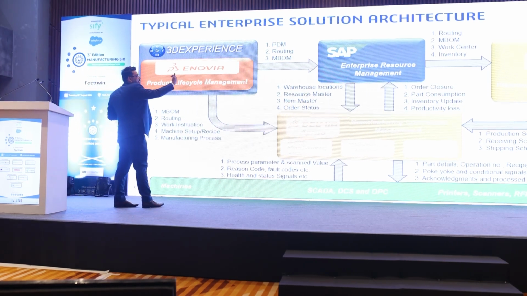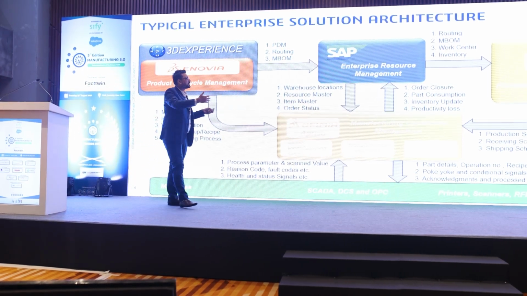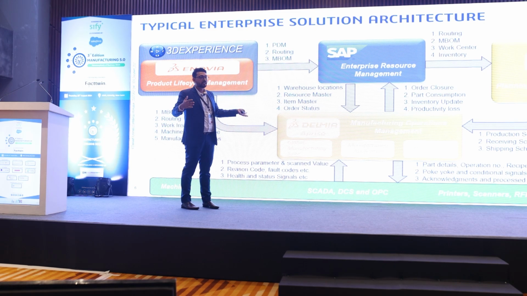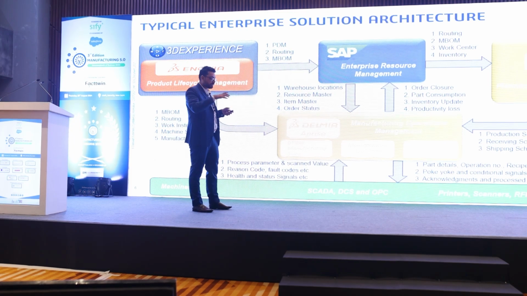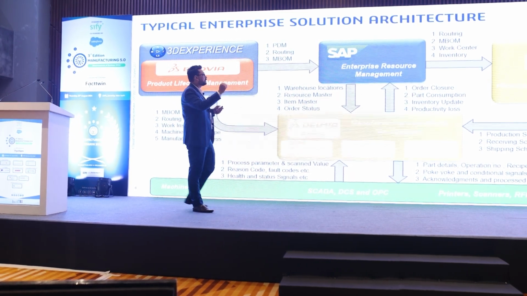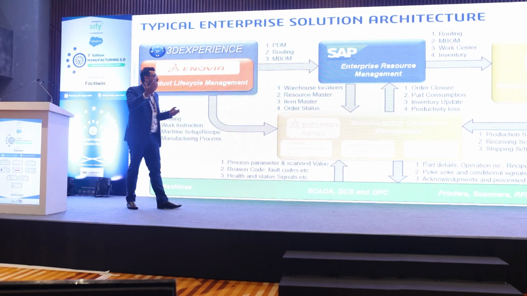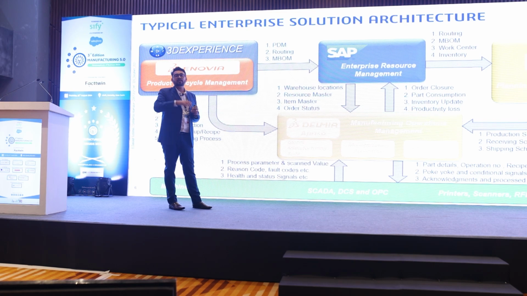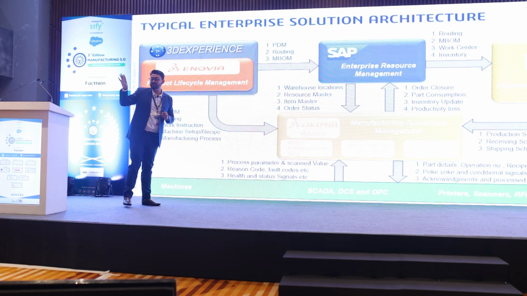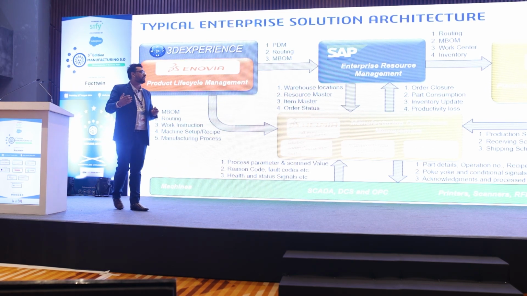We'll take all your resource master, item master, and order status from your ERP, and on a real-time basis, automatically we'll track the progress of your material flow. Order closure, part consumption, and inventory updates will automatically be posted back to SAP. Now, what we are doing after we create an FG is manually entering everything, right?